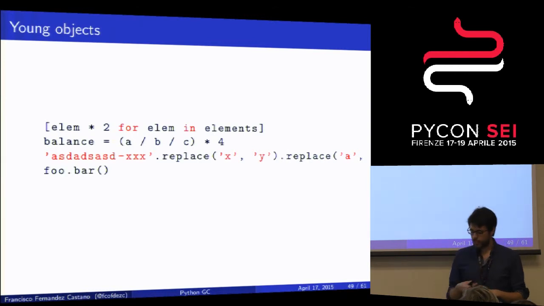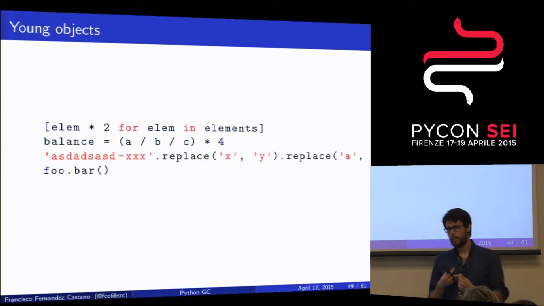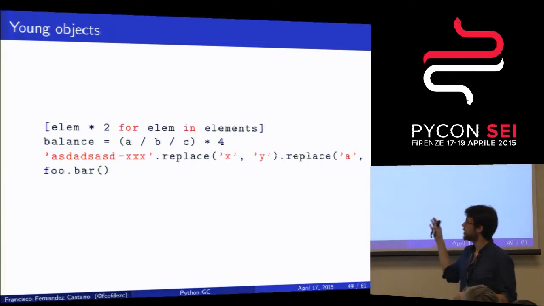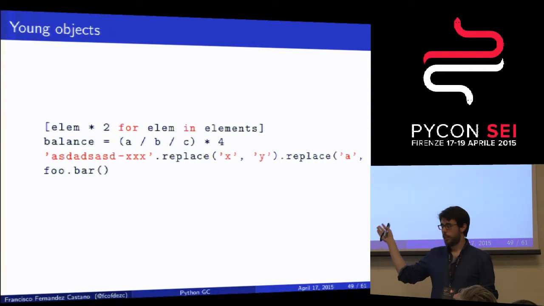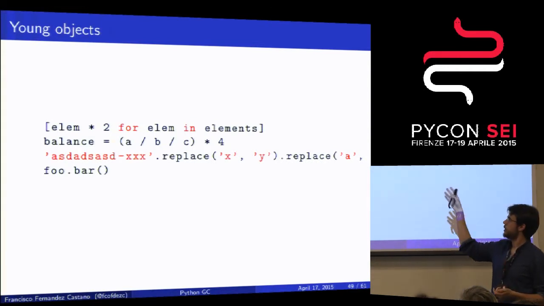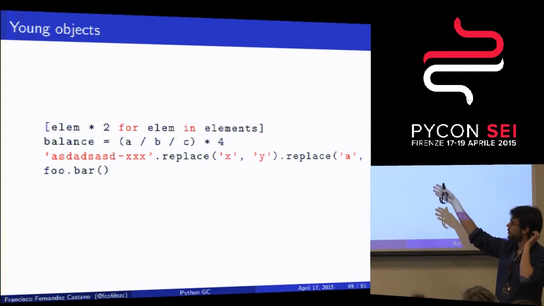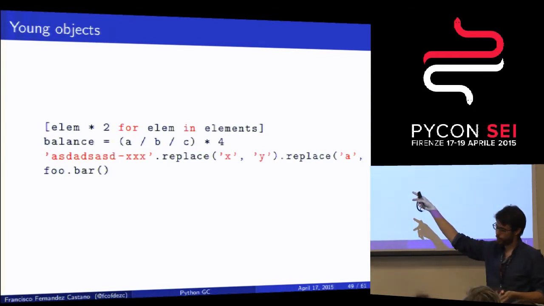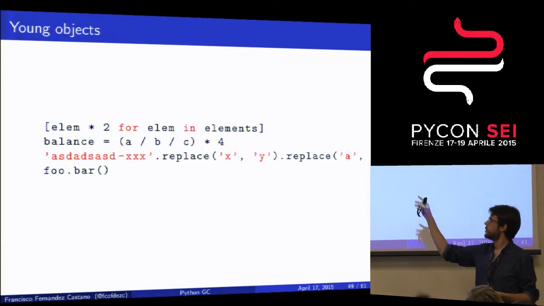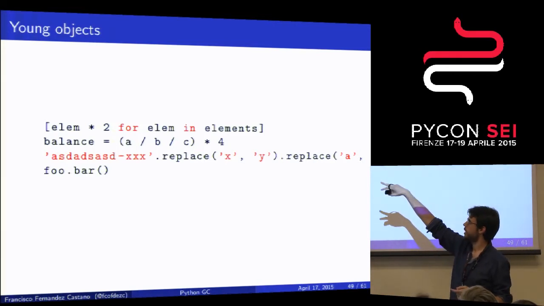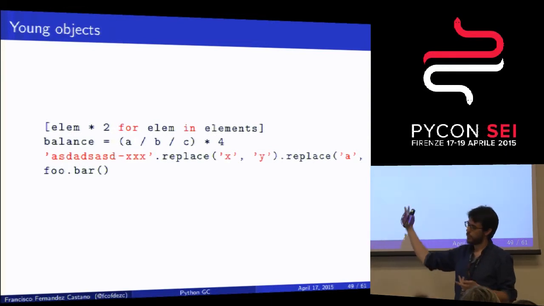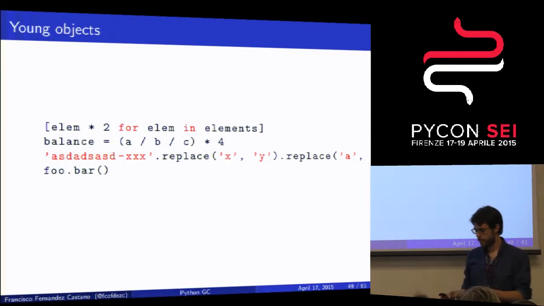Over time, they noticed that we allocate short-living objects all the time. For example, in a comprehension, let's say that we have 1 million elements. The life of each element is very short. We create a new one when we multiply the element by 2. This is a new object, so the life of this object is very short.